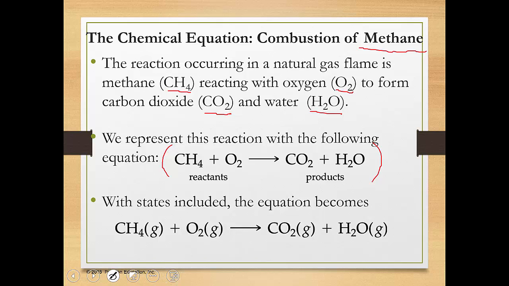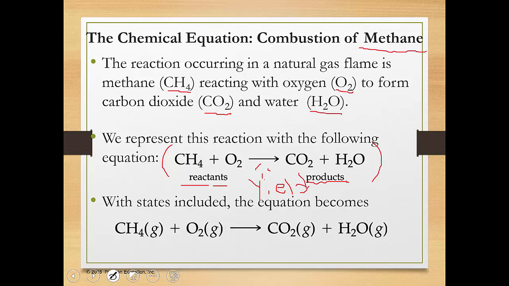We have CH4, okay, one molecule of that, plus an O2 molecule. Okay, these are our two reactants. And then we say they react to yield, okay, so yields or produces CO2 plus H2O.